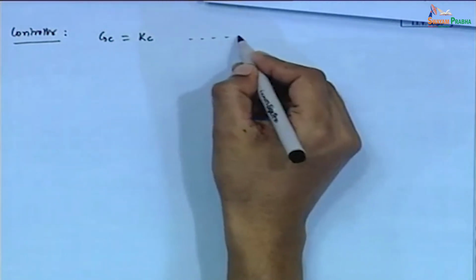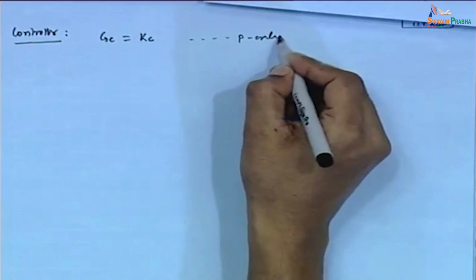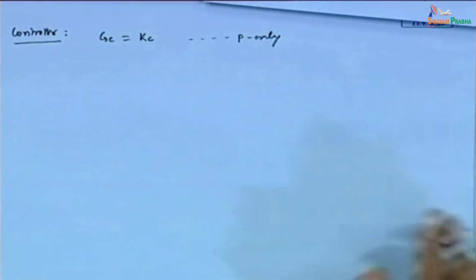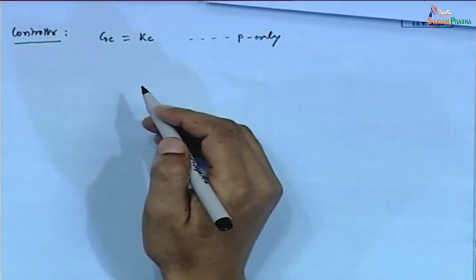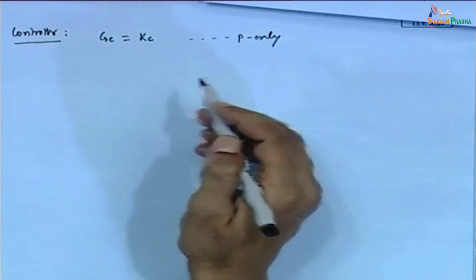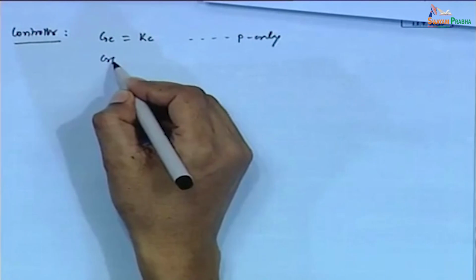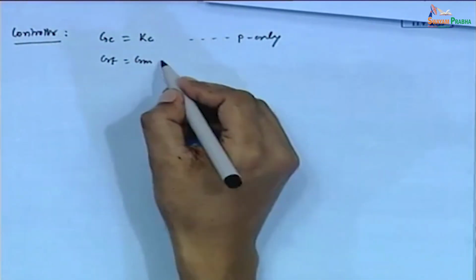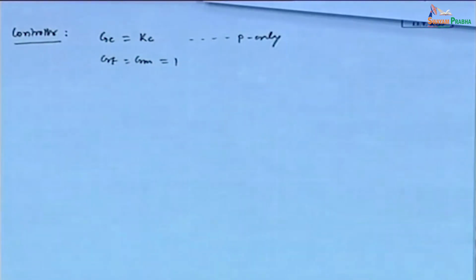Now, for the measuring device and final control element, we will consider both transfer functions as unity. The transfer functions of the measuring device GM and final control element GF are unity.